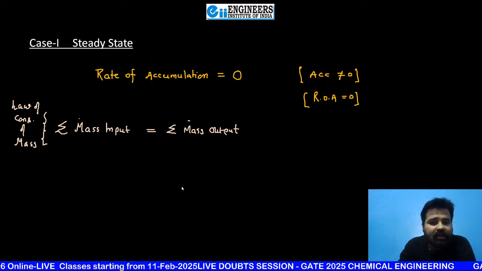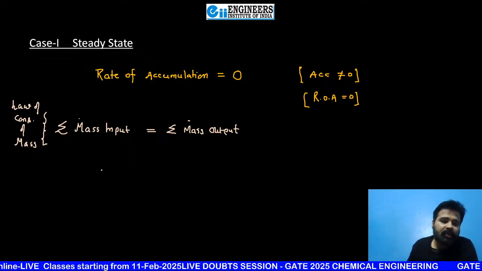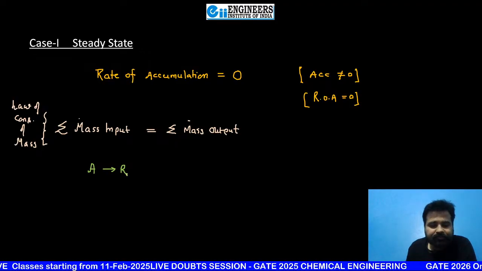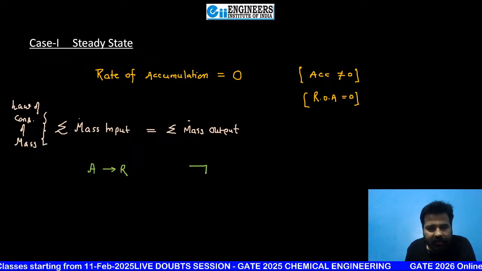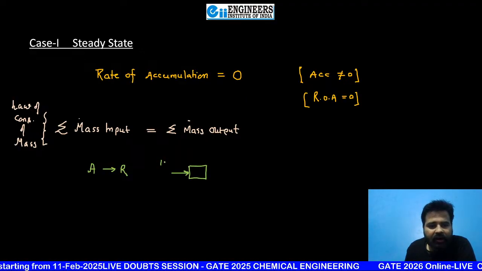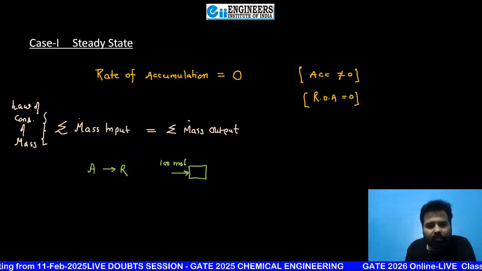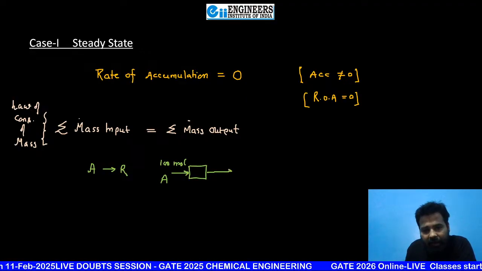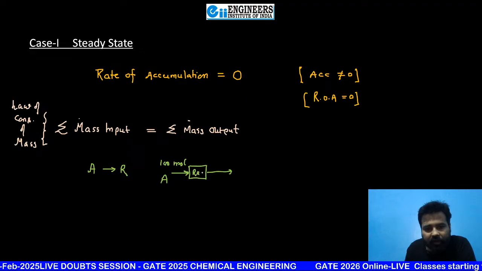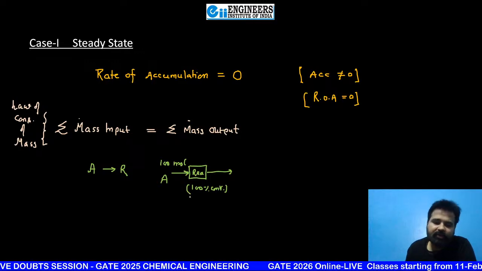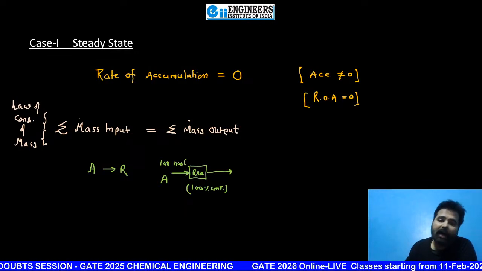Suppose there is a chemical reaction, A is forming R. In a tank, you are supplying 100 moles of this A, and I am saying inside this reactor we are getting 100% conversion. That means all A is going to convert into R.